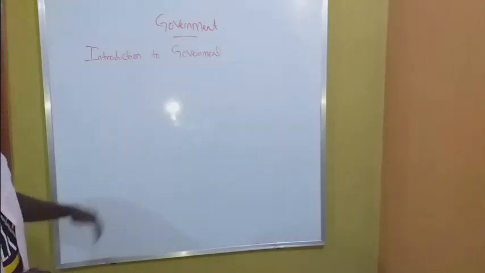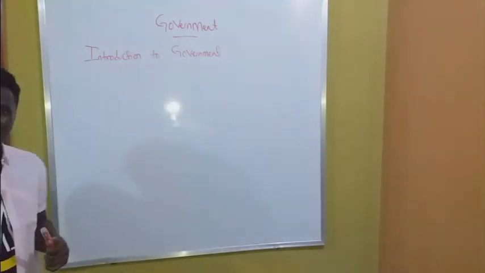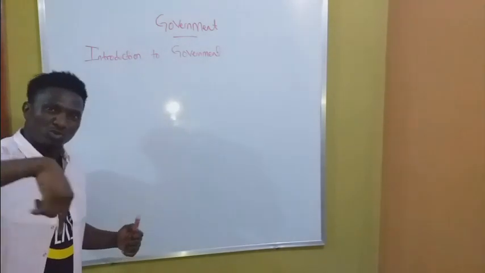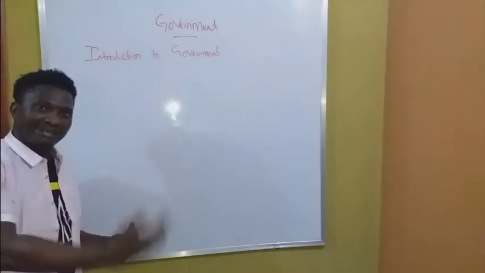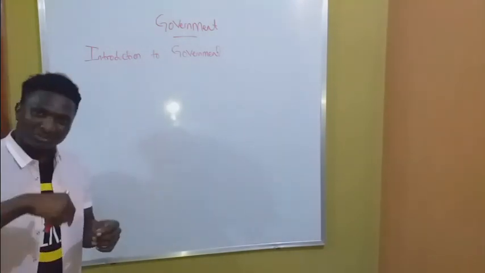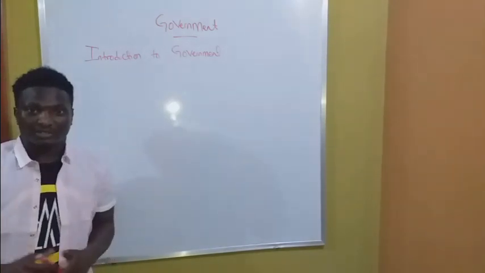It's important to know that government came into being as a result of people living together. So the very moment where you have people in a community, where people interrelate on a daily basis, it's important that there must be an apparatus that controls the affairs of people in a bid to ensure peaceful coexistence.